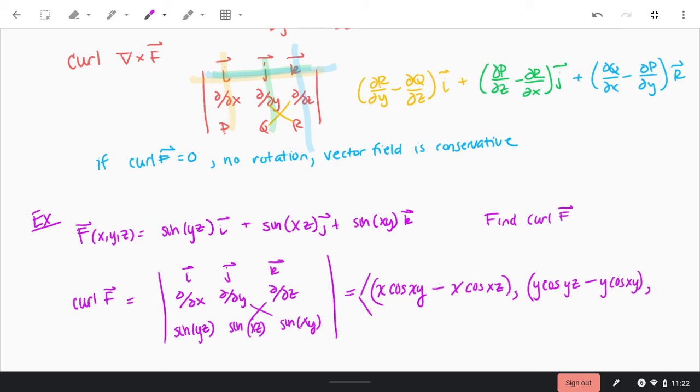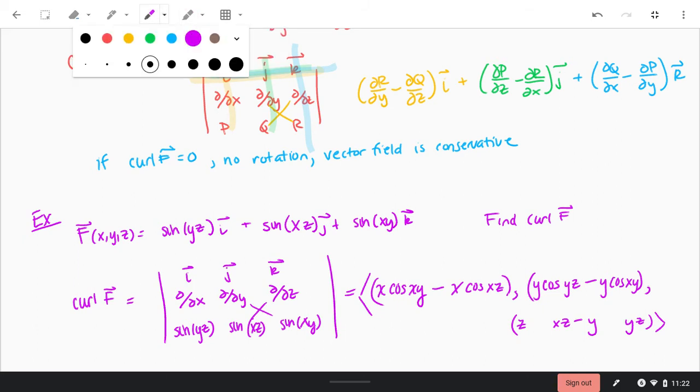And then for our k component, we'll have the derivative of sine xz with respect to x, so z cosine xz, minus the derivative of sine yz with respect to y, so z cosine yz. Oops, I switched to sines, those should all be cosines. Okay, got that fixed there.